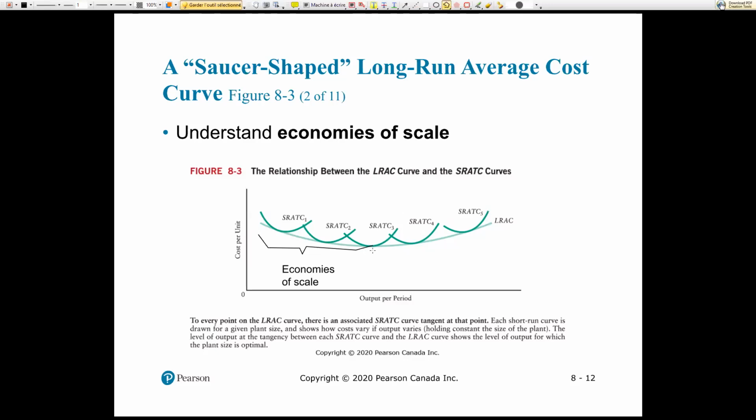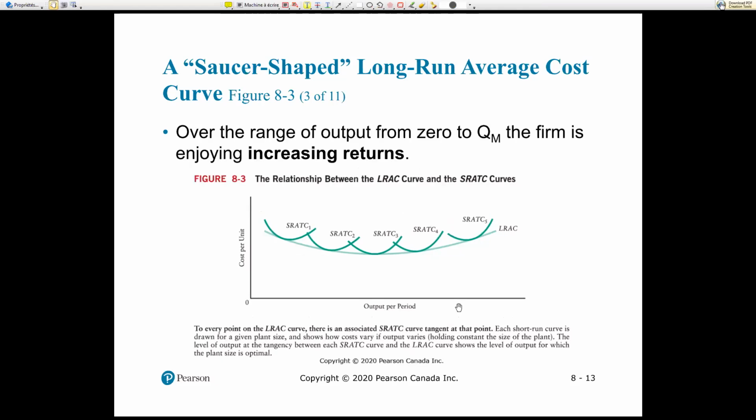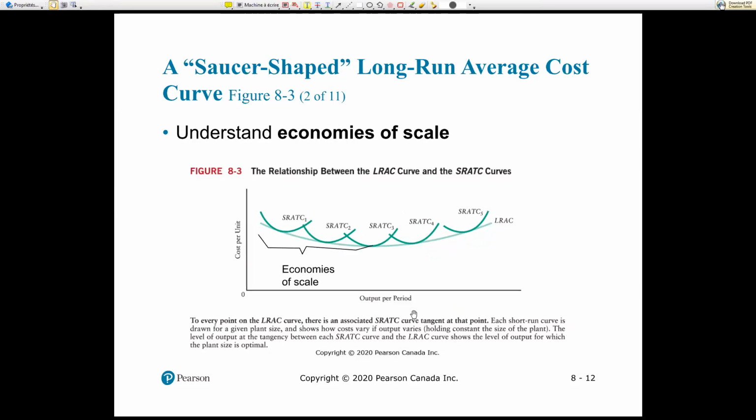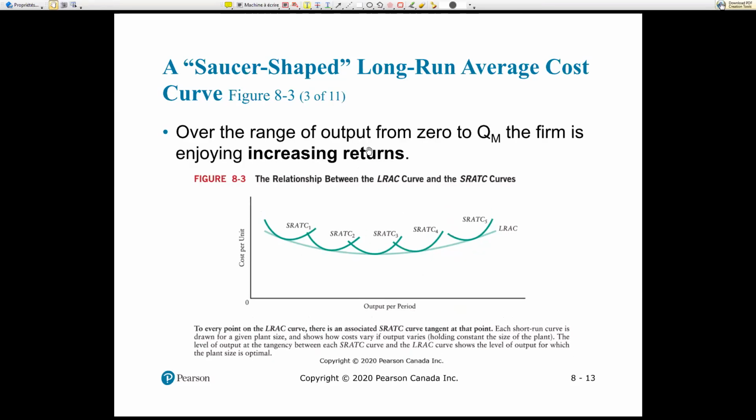And the best size of the restaurant, quote unquote, would be to produce, say, 1,000. So economies of scale gives me, from 0 to QM, increasing returns.